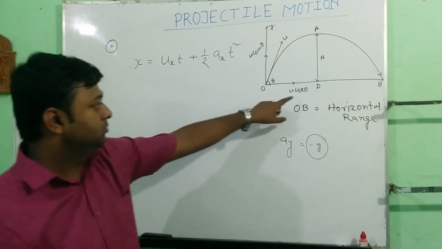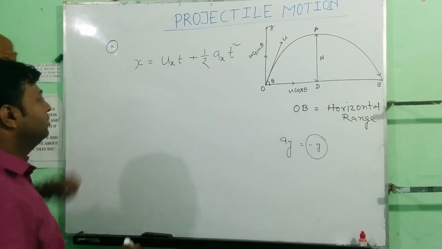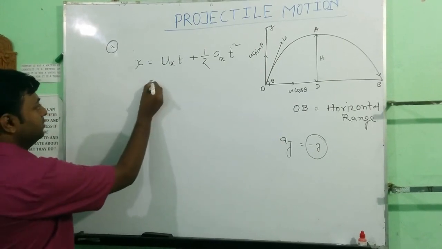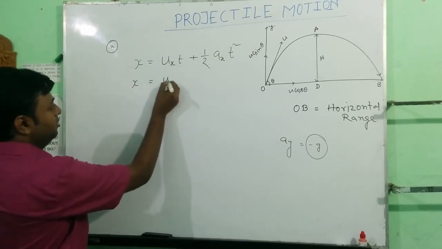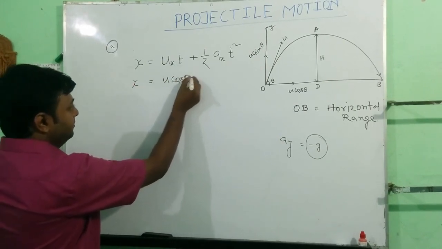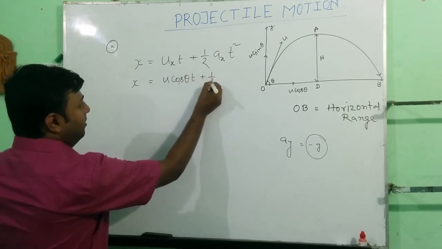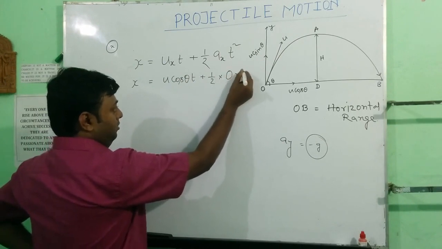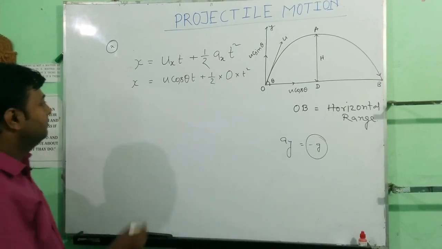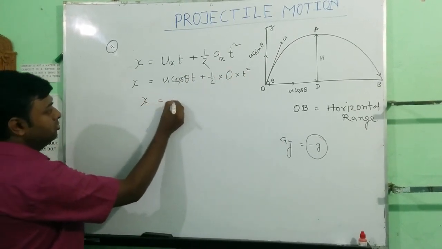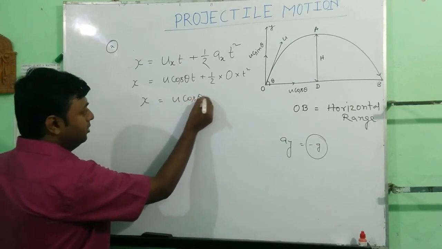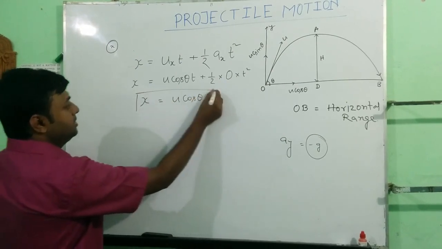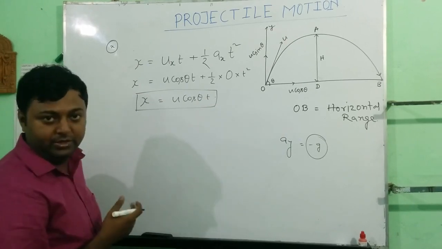Here ux is u cos theta, the initial velocity along the x direction, so x equals u cos theta t plus half ax, that is 0, t square. That is x equals u cos theta t. It is the displacement along the x direction.